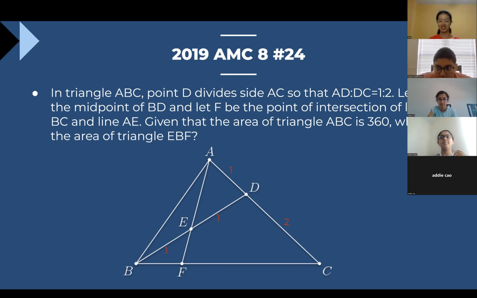Yeah. Okay, so remember, I'll just draw an example triangle here.